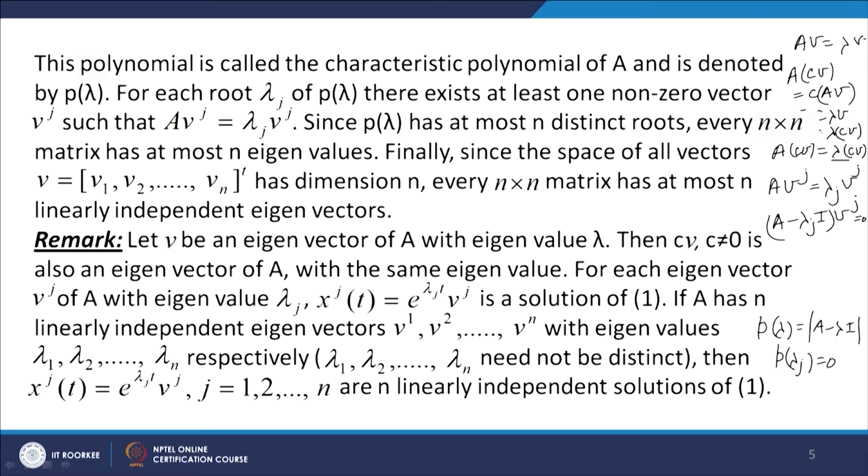So, C is not equal to 0, then C V is also an eigenvector of A with the same eigenvalue lambda. Now, for each eigenvector Vj of A with eigenvalue lambda j, xj(t) equal to e to the power lambda j t into Vj is the solution of 1.